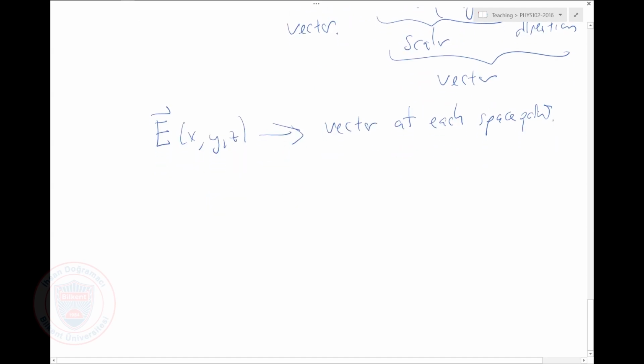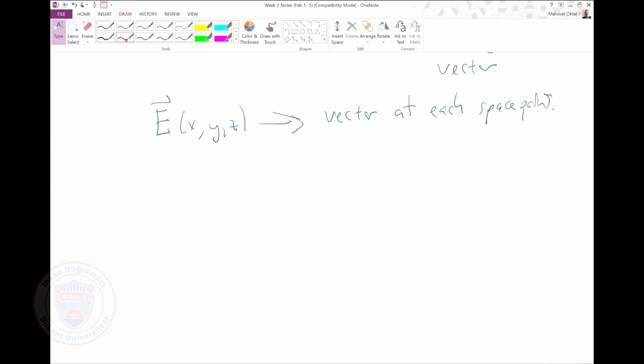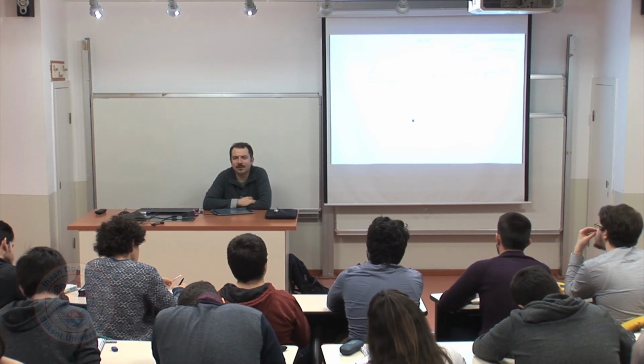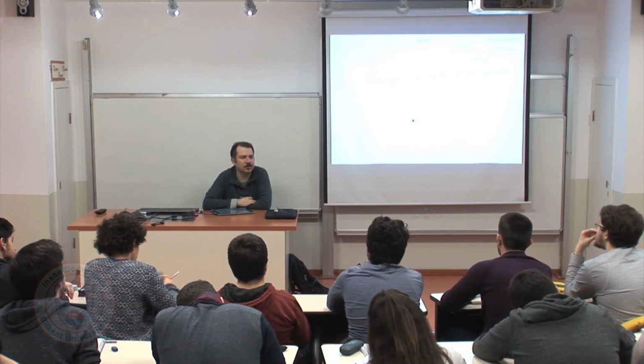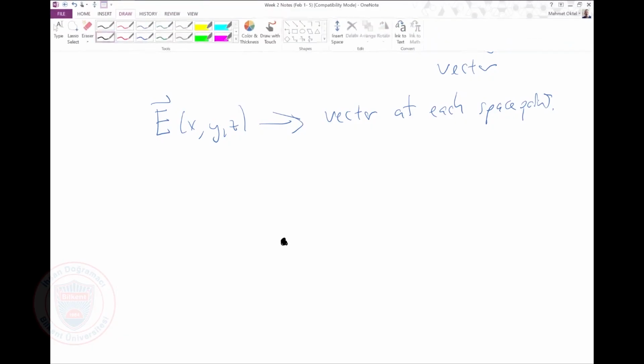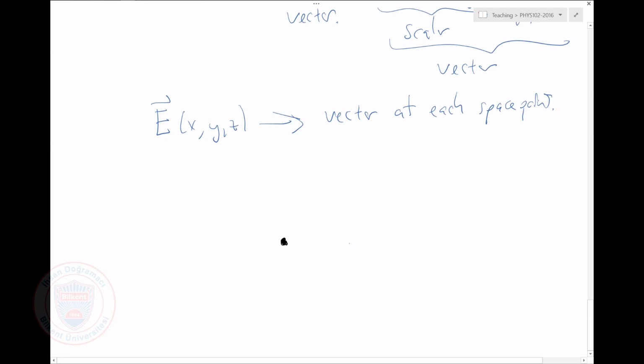Visualizing it is somewhat hard, right? For a simple charge, it's easy. I know what the electric field looks like. I can put a vector at each point in space. But think of this three-dimensionally, so it's like a hedgehog.